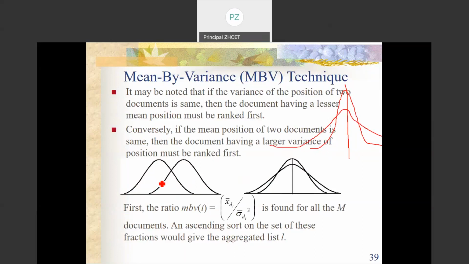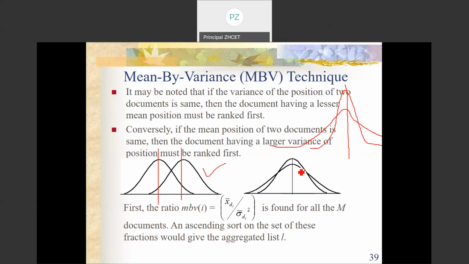Suppose I'm taking two documents which have membership functions in such a way that their variance is exactly the same, but their mean positions are different. So the one which has got lesser mean will occupy an earlier position because its mean will occur earlier. And the one which has got higher mean will occupy a later position in the ranked list. So that is about mean.